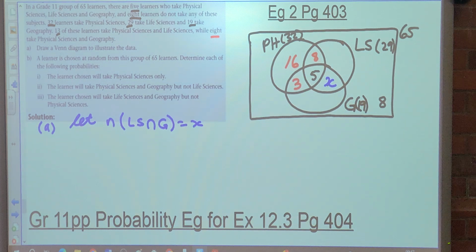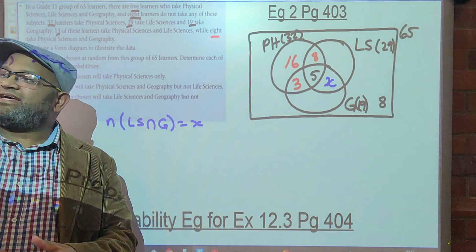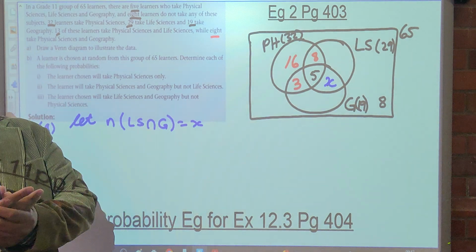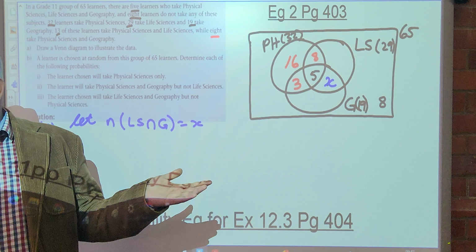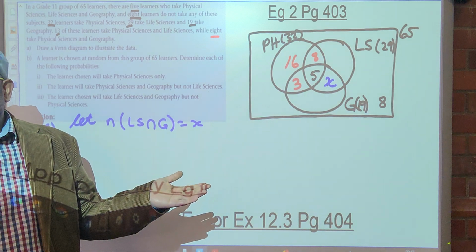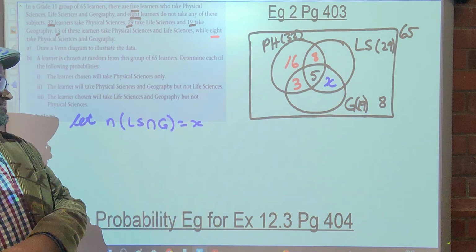Remember, whenever we bring something into a sum, we must state it. Okay? Can't bring your X to the party and then nobody knows your X, no?